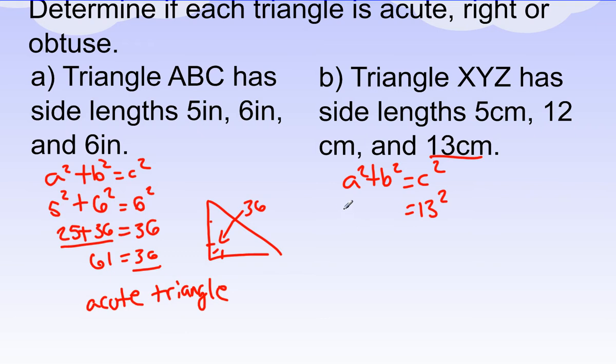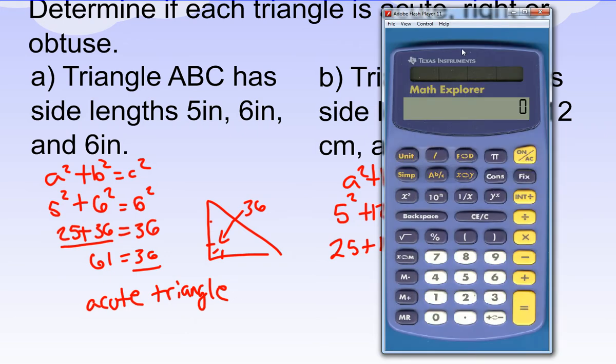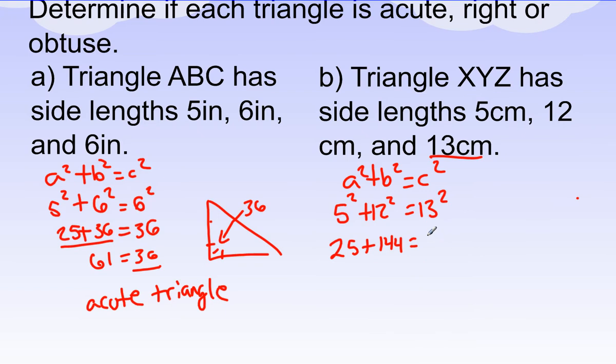The 5 and the 12 just fit in here, so 5 squared plus 12 squared. 5 squared is 25, 12 squared is 144, 13 squared, I can double check, I believe that's 169. Simplify here, 25 plus 144 is 169 equals 169.